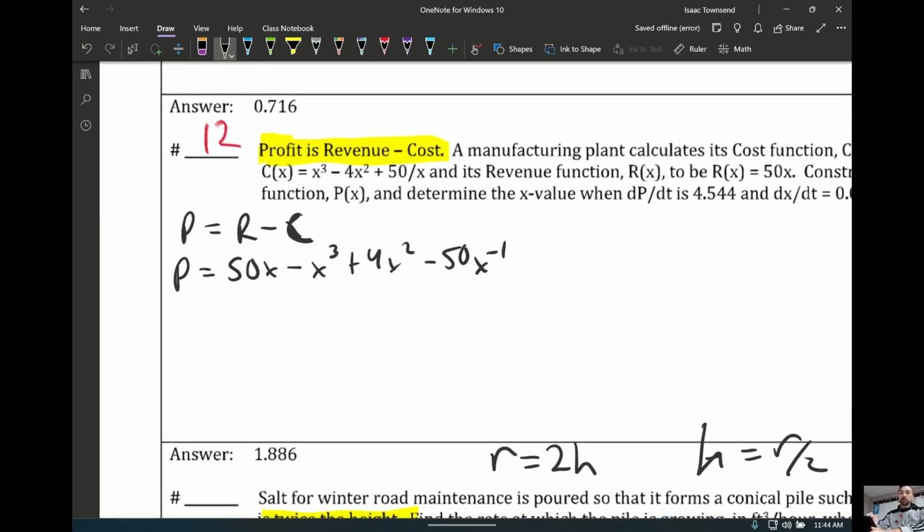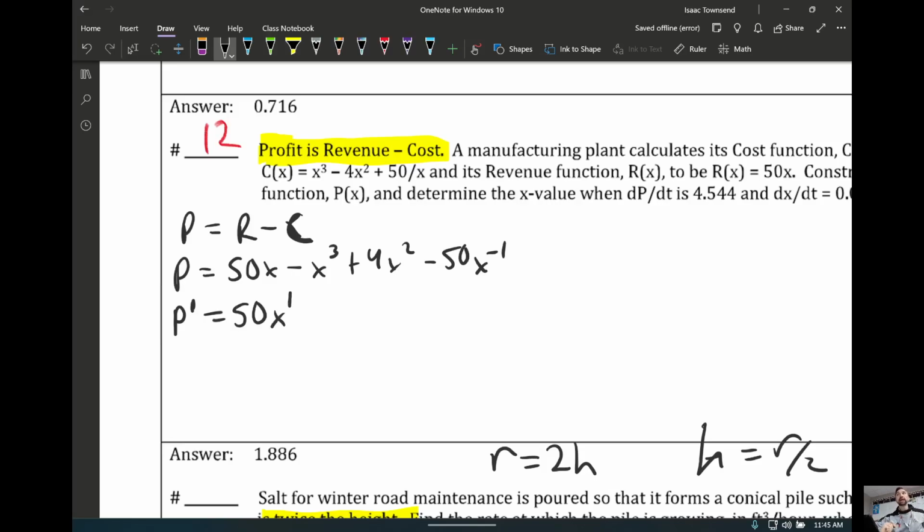But now, the most important step in all of these questions, because this is the calculus step, is taking the derivative of p would be 1, except you're taking the derivative of p with respect to time, t. So you need a p prime. The derivative of 50x is usually just 50, but we're taking the derivative of x with respect to some other variable.